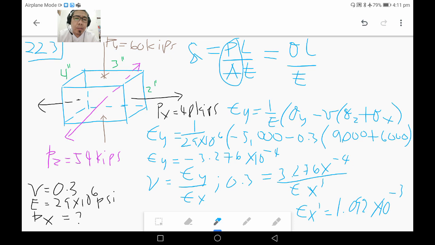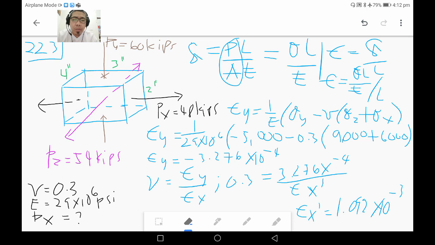But strain is deformation over L. Okay? Therefore, strain is this one. So that is strain equals stress L over E divided by L. Okay? This is epsilon.